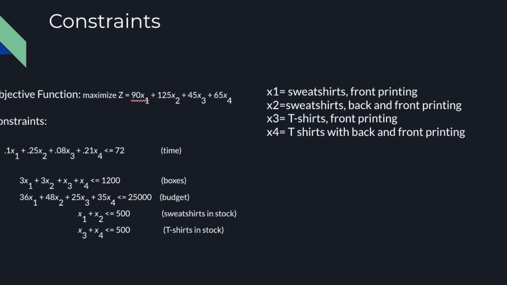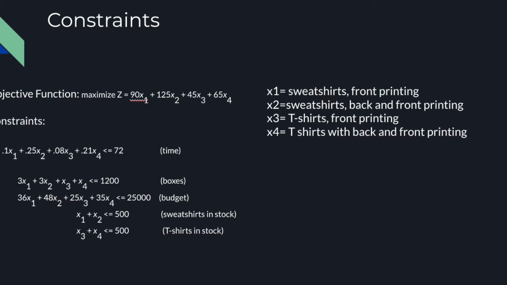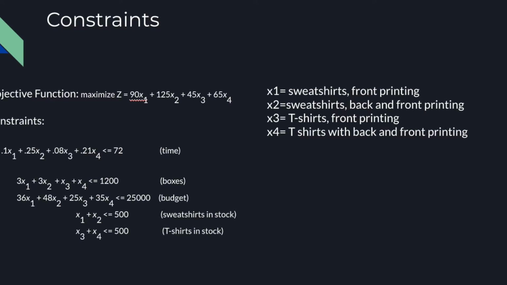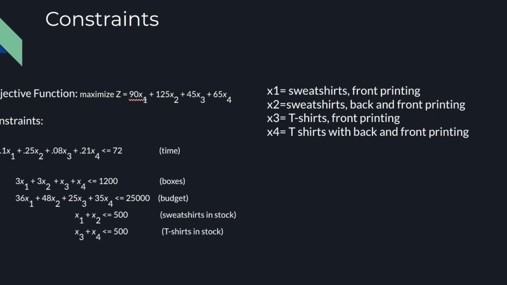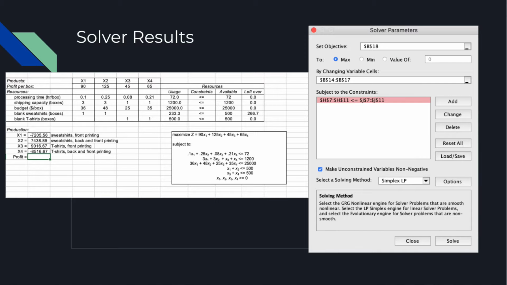As for a budget, we have a maximum of $25,000, so the cost per shirt and everything has to add up and multiply to be under that number. We only have a maximum of 500 sweatshirts and 500 t-shirts in stock, so we cannot use more than 500 of each one. Now moving on to the solver results.